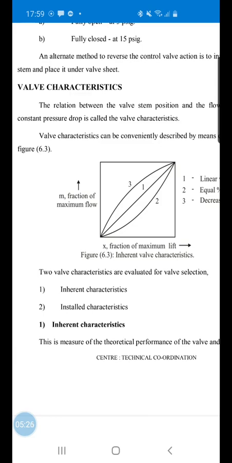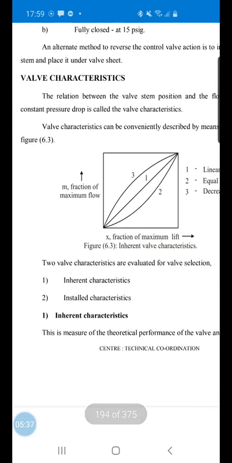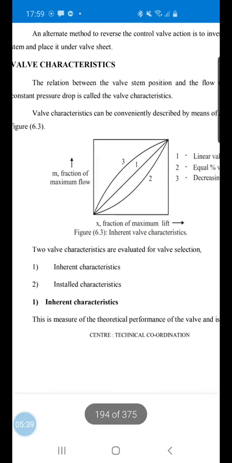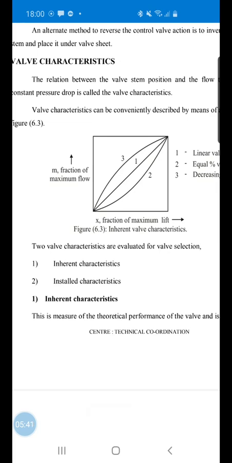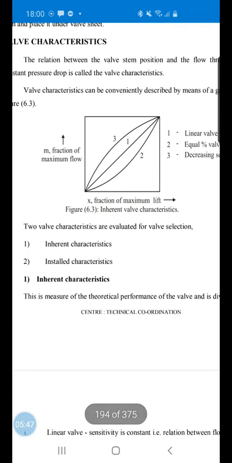Now we will study the valve characteristics. The relation between the stem position and the flow through the control valve at constant pressure drop is called the valve characteristics. It means the relation between the stem position and the flow provides you the valve characteristics.